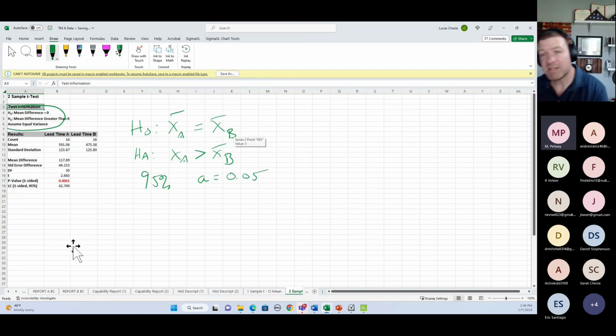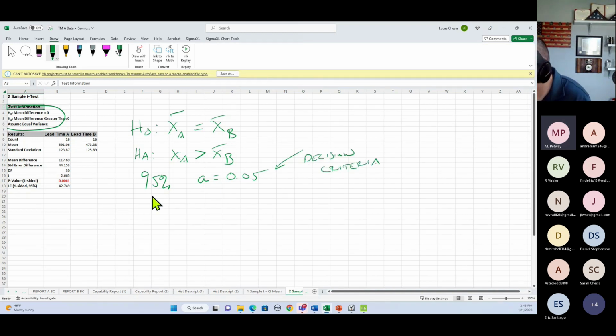Now for the p-value, this is our decision criteria, and we compare the p-value to it. Is p higher or lower than 0.05?